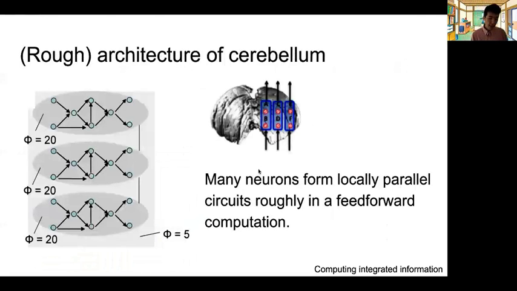So what IIT proposes as an explanation of why there is no loss of consciousness due to damage in the cerebellum is that cerebellum architecture, if you look at the neuroanatomy and also physiological studies, is more or less operating in locally parallel circuits, okay?